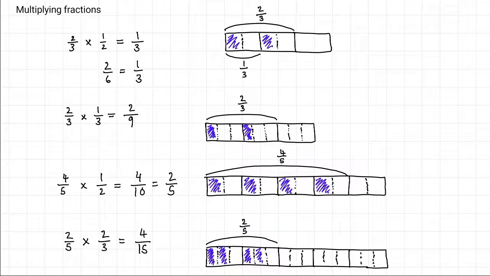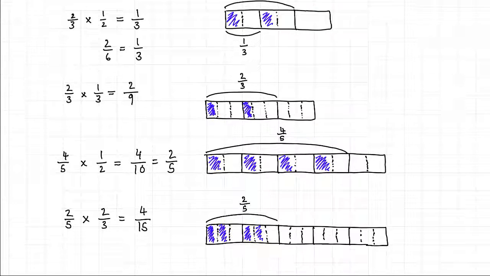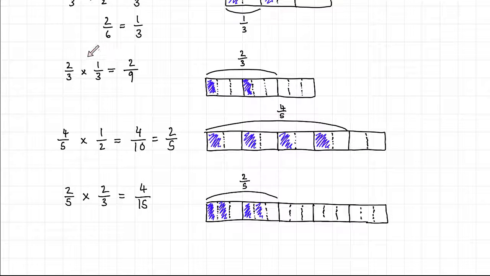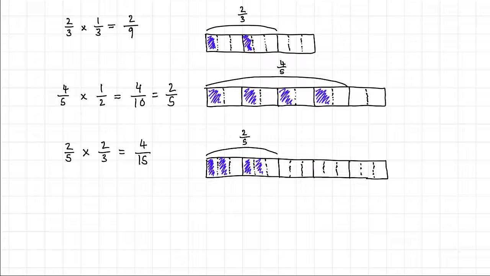Okay. Now what you'll notice is when we're multiplying fractions, an easy way to get the answer is to multiply the two top numbers and get this, and then multiply the two bottom numbers and get that. So 2 times 1 would be 2, 3 times 3 would be 9. Let's see if it works with the other ones. 4 times 1 is 4, 5 times 2 is 10, and when we simplify it, it becomes 2/5.